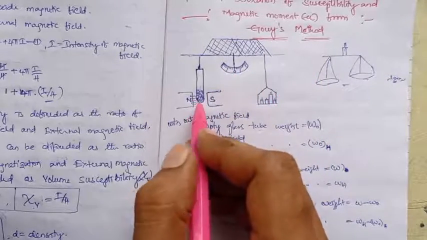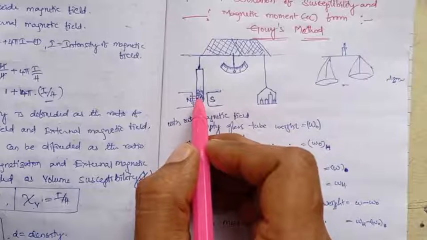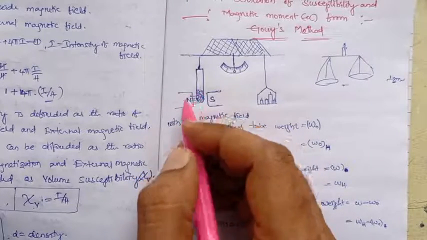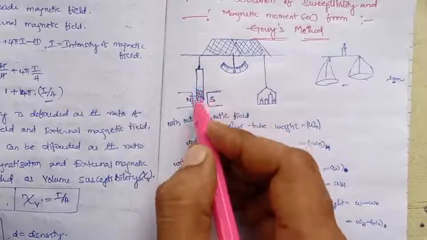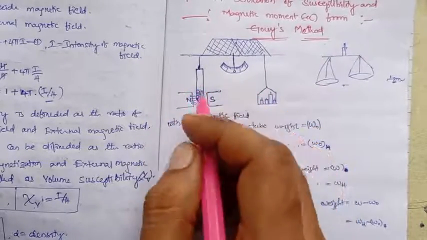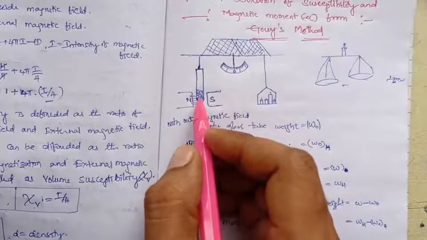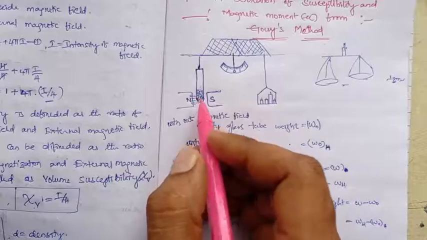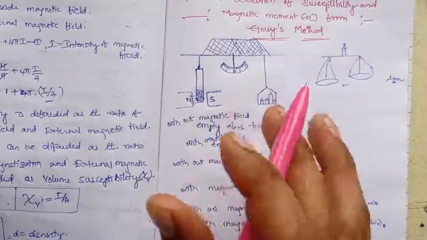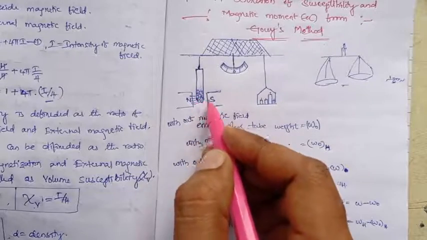This is known to you, as the magnetic moment of a diamagnetic substance is zero. It never allows the magnetic waves to flow through it. So what happens is, these magnetic waves will push the substance out from between the poles, right.